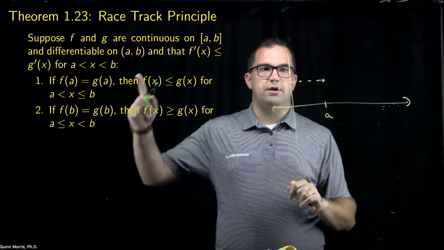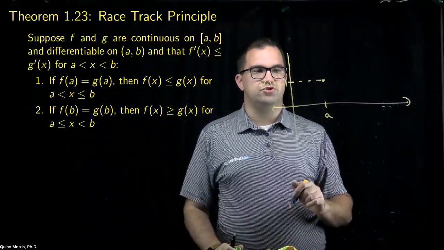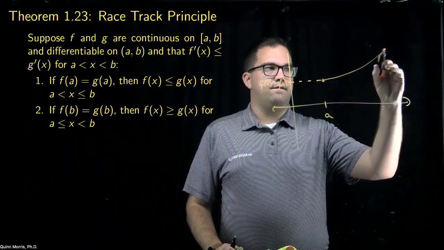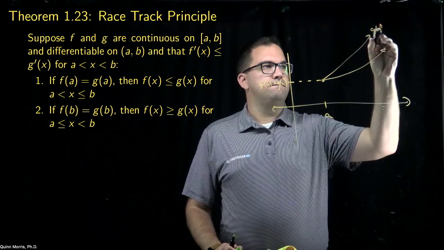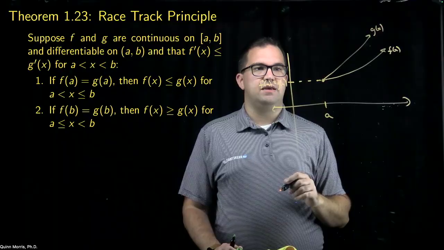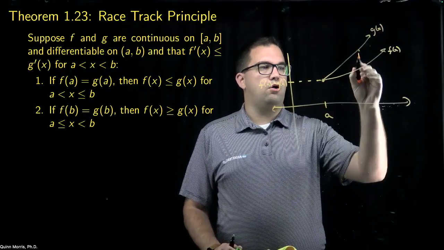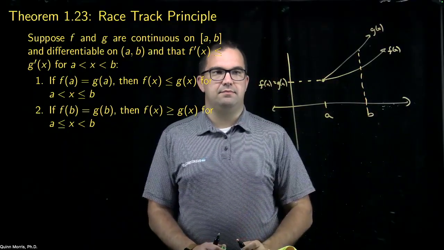But I'm also assuming here that the rate of change of f is less than or equal to the rate of change of g. And so what this says is, well, if g is going to change faster, then f is going to be less than or equal to g for all x between a and b.